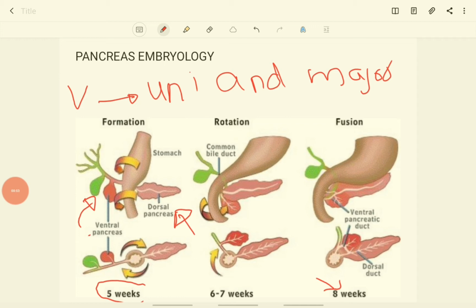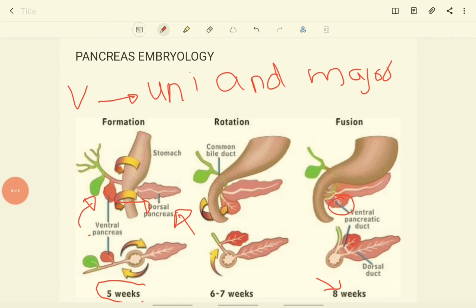In the normal case, the ventral pancreatic bud undergoes rotation and comes down to the dorsal pancreatic bud and fuses here to form the normal physiological pancreas.